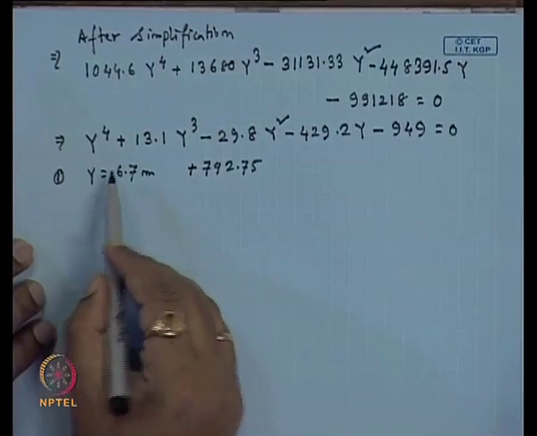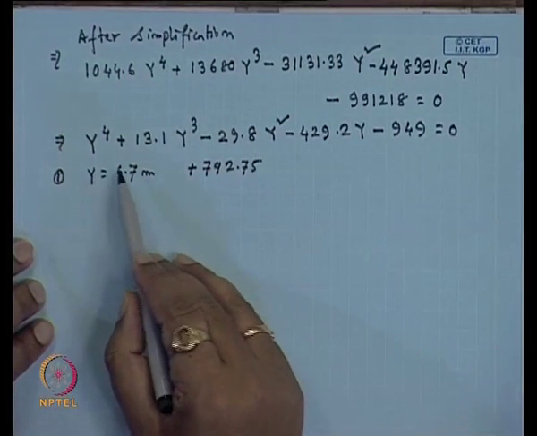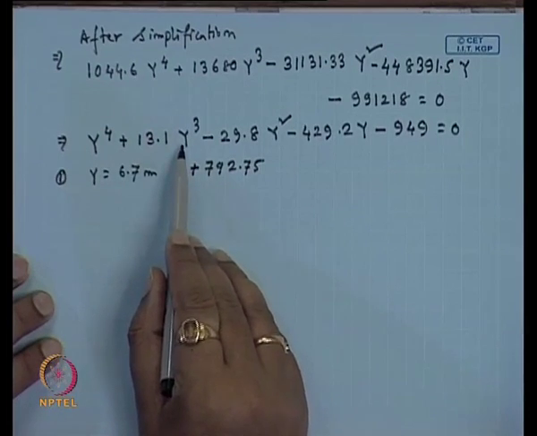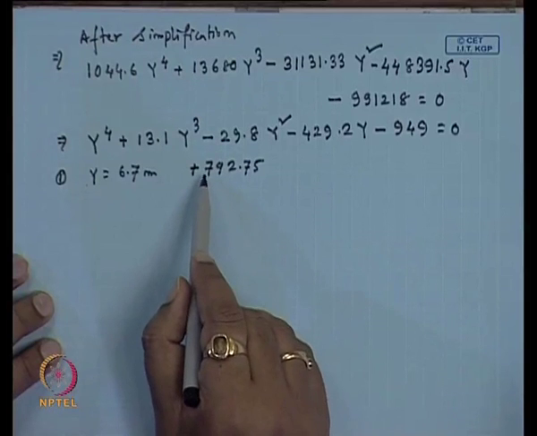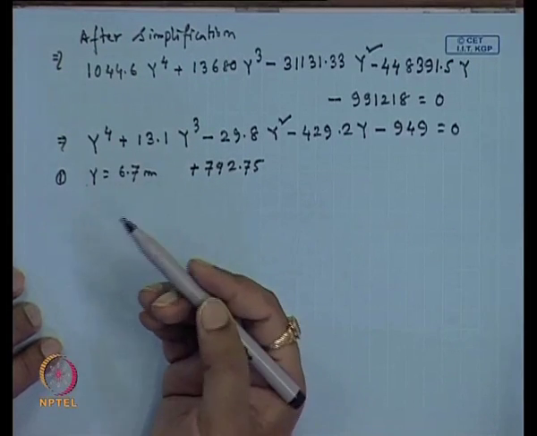Actually, if I put the exact Y value, the left hand side should be equal to 0. But here with Y equal to 6.7 meter, the left hand side is coming plus 792.75. So, we have to reduce this Y value.